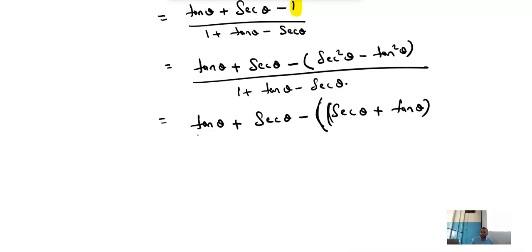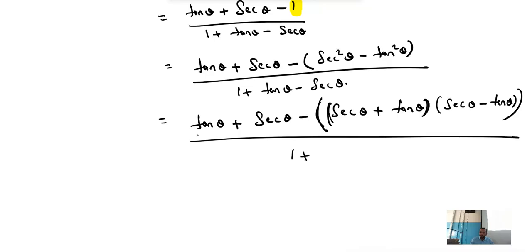See, this is the main bracket, this is the sub bracket: a plus b into a minus b. Close the main bracket. Can we write like this? Whole divided by 1 plus tan theta minus secant theta.